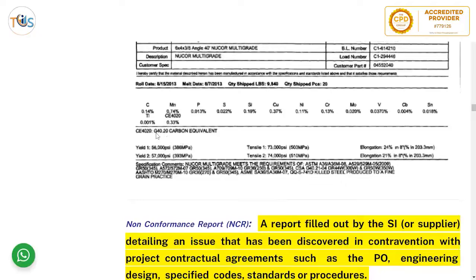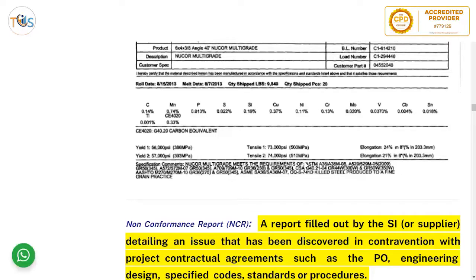Now, as you go down here, you see that it also tells you the carbon equivalent. What is the carbon equivalent? It's 40.2, and then it tells you they took 2 tests, and the yield was 56,000, and the second test was 57,000, and then there were 2 tensile tests. The first one was 73 and the second one 74, and the elongation was 24%, 21%.